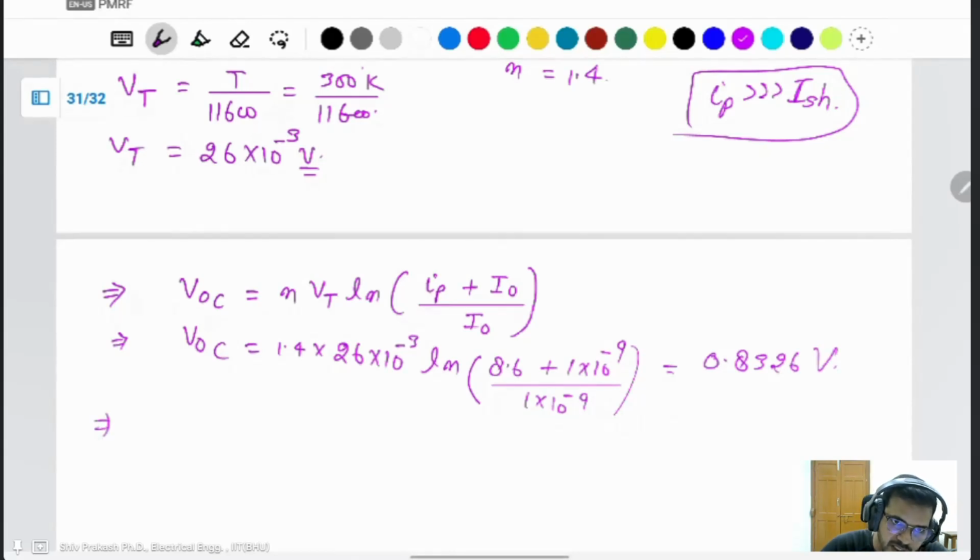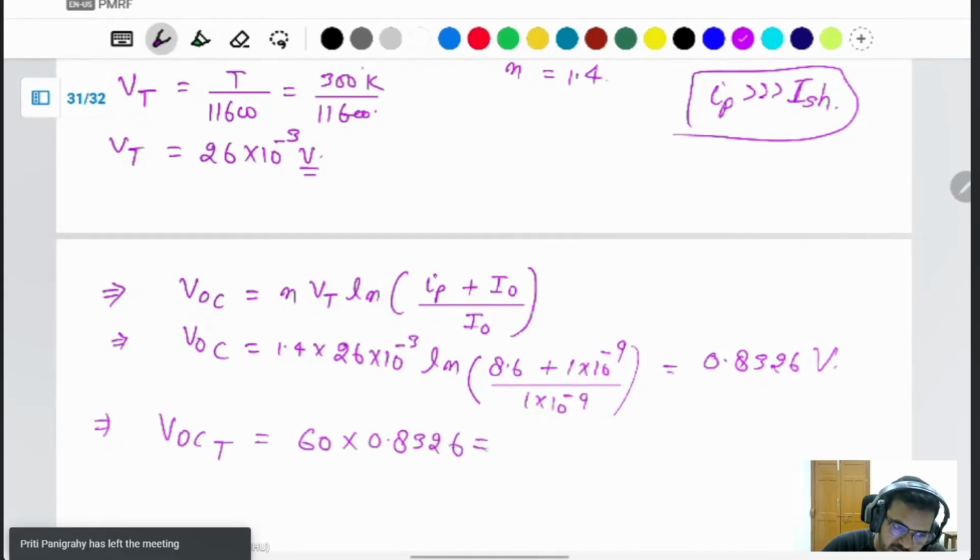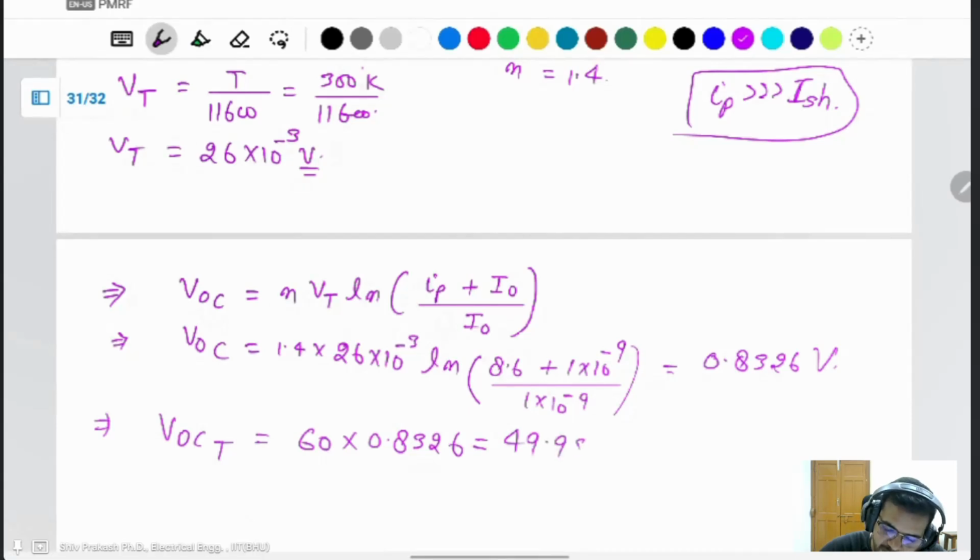Then 60 cells are connected in series to make a module, so total VOC is equal to 60 into 0.8326, which is 49.959, approximately 50 volt.